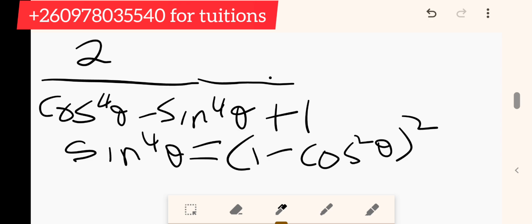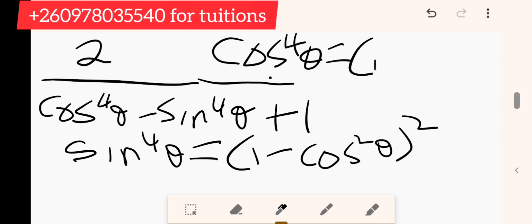Then cos power 4 theta is the same as 1 minus sine squared theta, all squared. Alright, so remember that sec theta is just 1 over cos theta. So how can I make my work easy? What must I do to make my work easy?